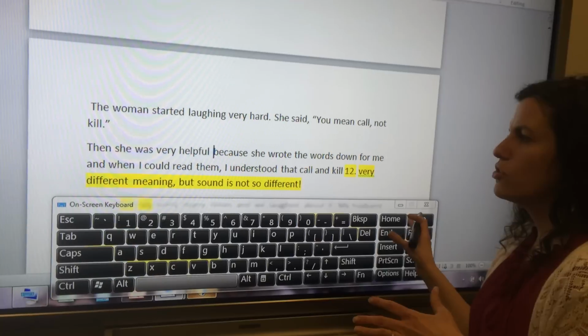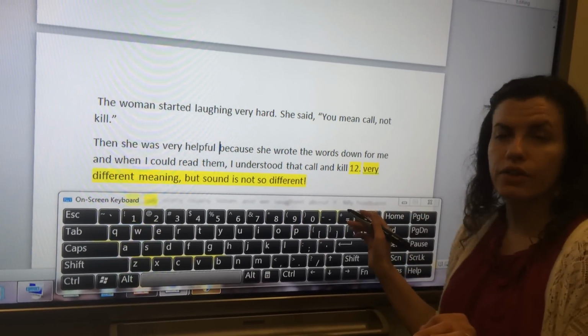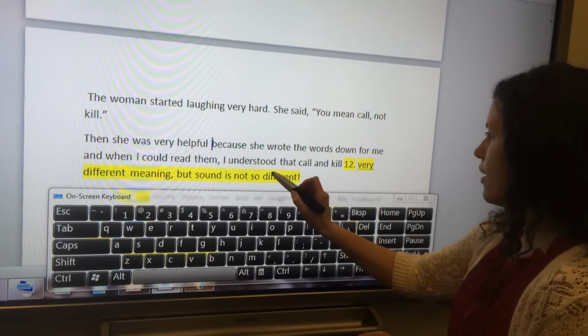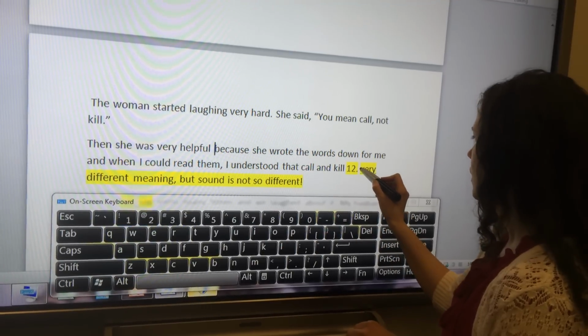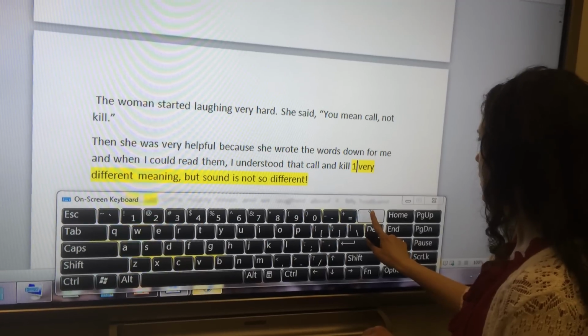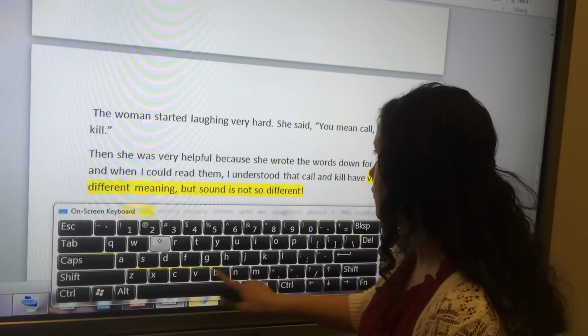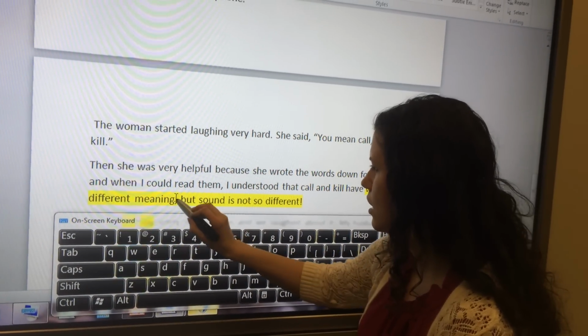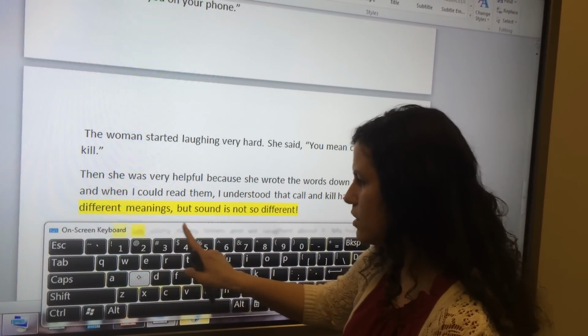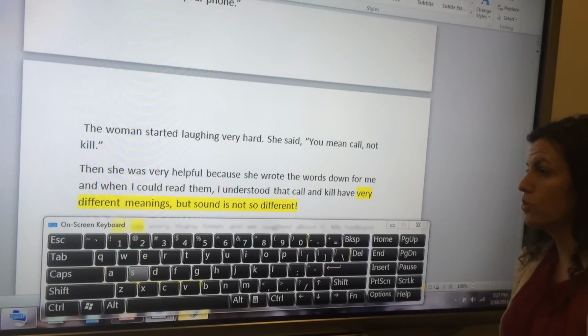So I'm going to change this to be a little more clear, okay? I understood that call and kill have very different meanings, with an S because it's two words, okay?